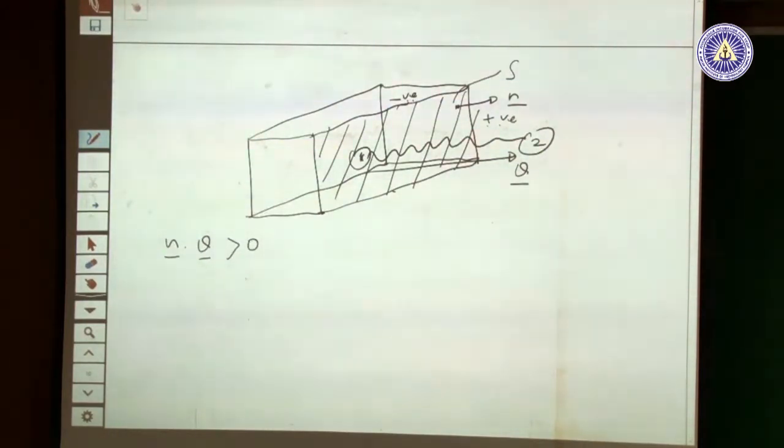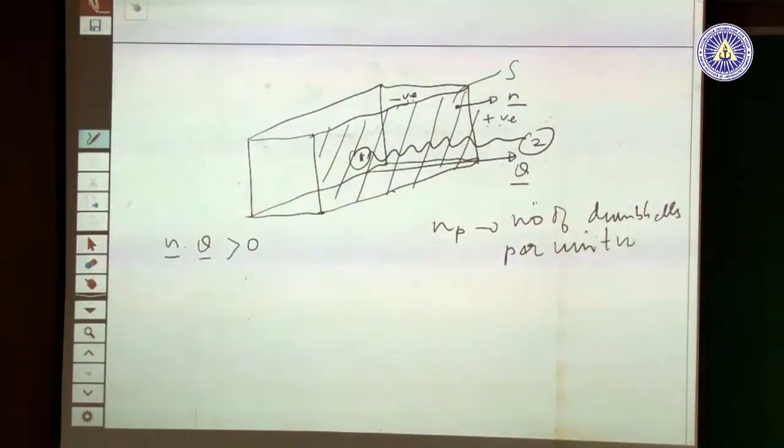Now, we can ask how many such dumbbells there are. First, I introduce nP as the number of dumbbells per unit volume. So, how do I find the number of dumbbells? I must know the volume of this box, and then multiply it by the number of dumbbells per unit volume.